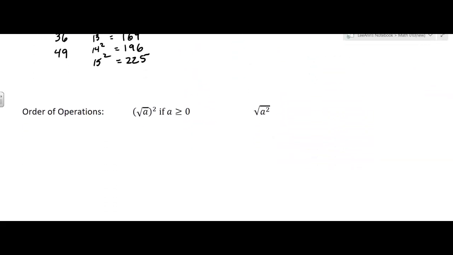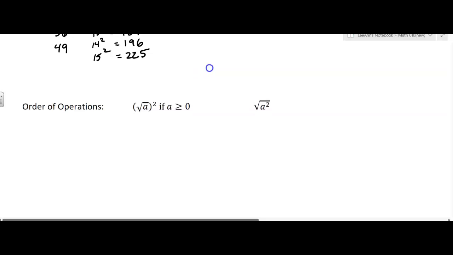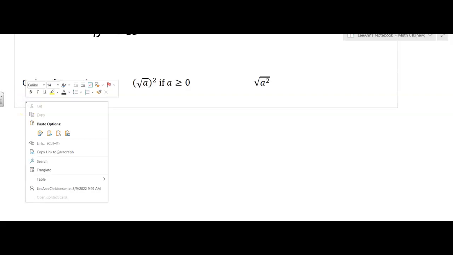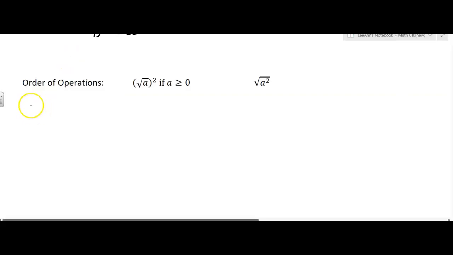So we're going to talk a little bit about, well, what if I had a really large number that I was trying to figure out the square root of, or something like that. Let's start with a small number. Let's say I have the square root of 25, and I want to square that. Well, I can take the square root of 25, right?